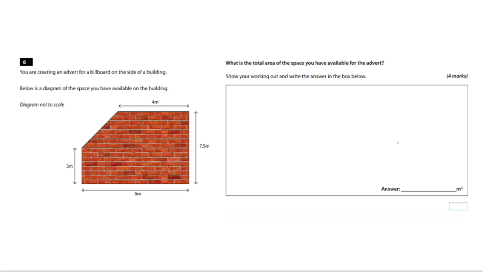So what we need to do is draw on the diagram for us to be able to work this out. So what we have to do is find sort of square shapes and rectangle shapes so that we could find the area of those, and whatever's left we can work that out at the end.